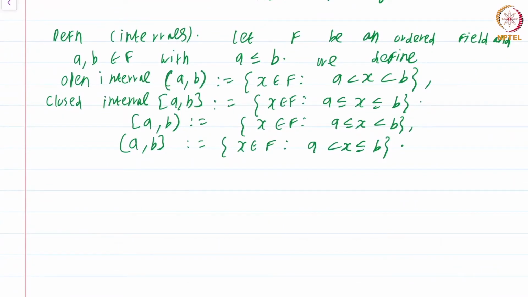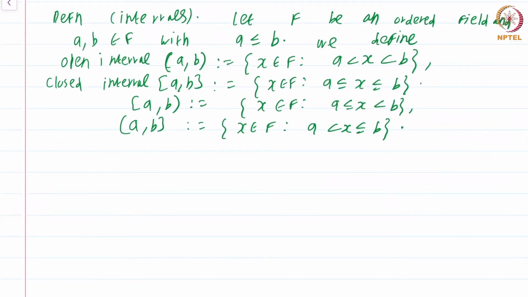Let me make this remark: don't get confused between the ordered pair (a, b) and the open interval (a, b). Both have exactly the same notation, and not a single instance in your mathematical life should you ever get confused which is which. Now that we have defined what these intervals are, we can state the nested intervals theorem.